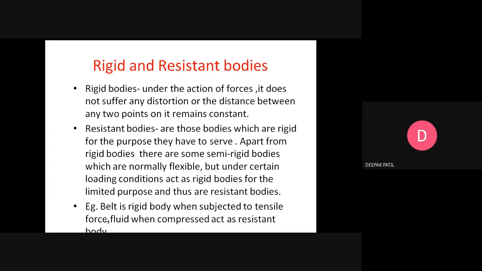For some purposes, springs also act as resistant bodies. So I discussed the example of belt, then fluids, and springs. Generally, these resistant bodies are referred to as rigid bodies, even though they're not.